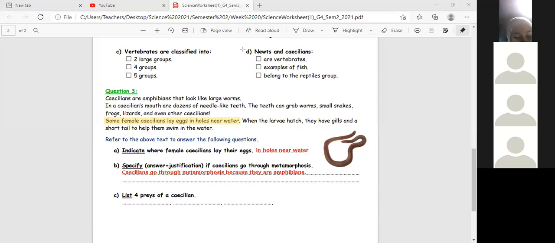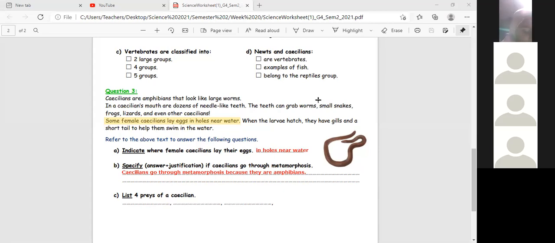Yes, Lana. Worms, small snakes, frogs, and lizards. Lana, we're not talking about the last part. Is there anything in the text that tells that amphibians go through metamorphosis?